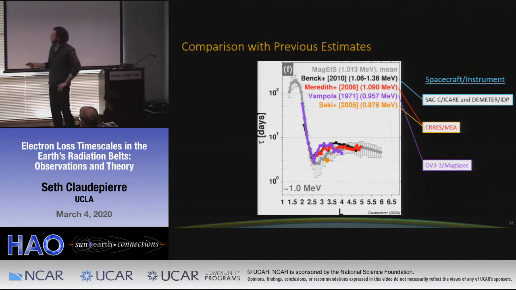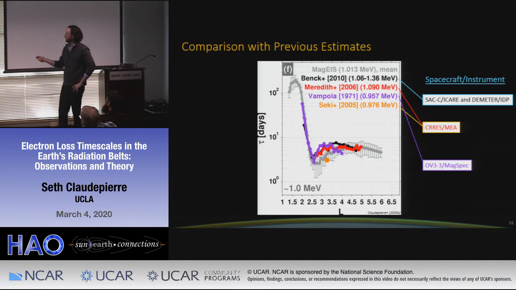And so you can see there's a couple things here. Down here in the inner belts, there's really nothing else to compare with at this energy. And this is really one of the feathers in our cap from Van Allen Probes, is that this is really the first time that we've made really, really clean measurements of the electrons in the inner belt.